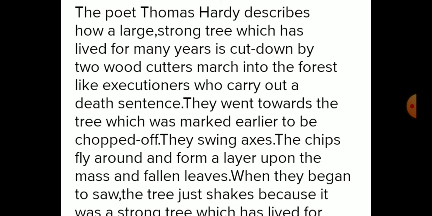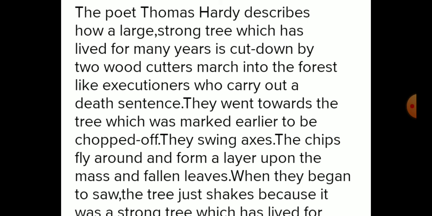The poet Thomas Hardy describes how a large, strong tree which has lived for many years is cut down by two woodcutters, who march into the forest like executioners who carry out a death sentence.